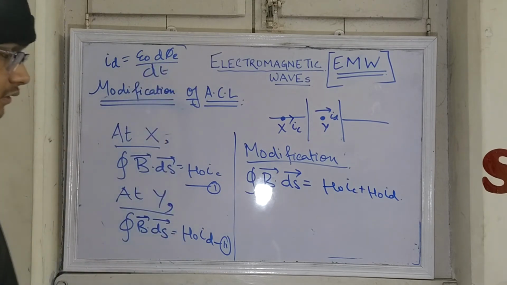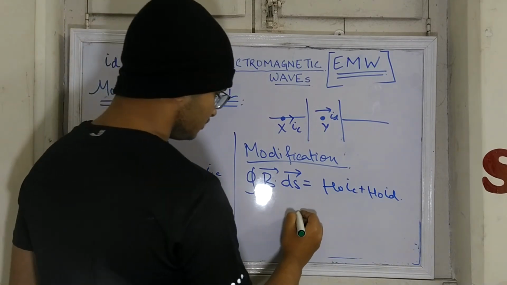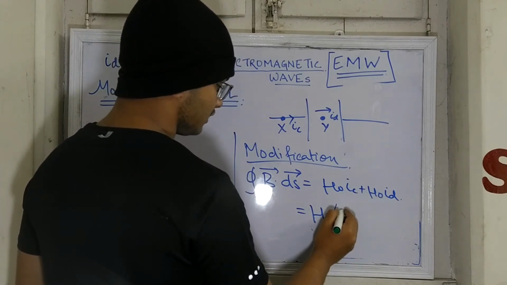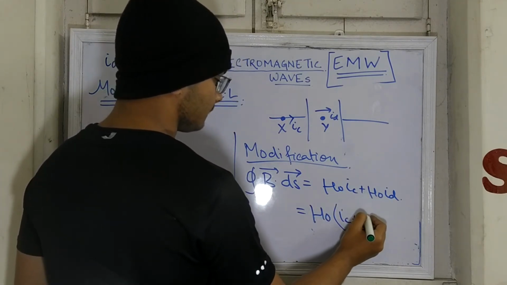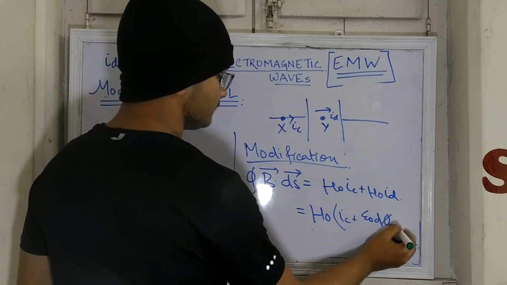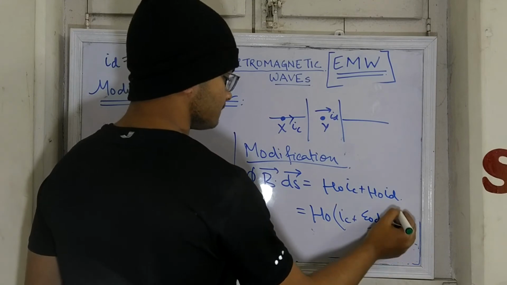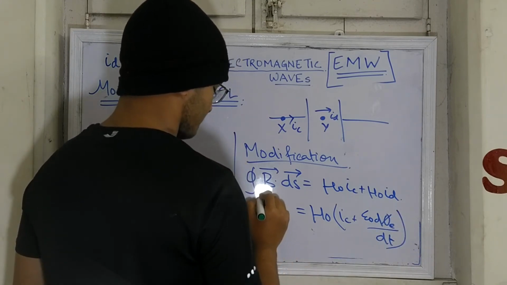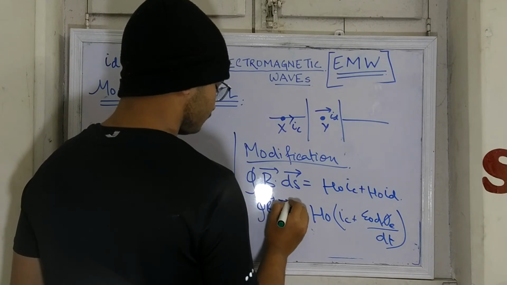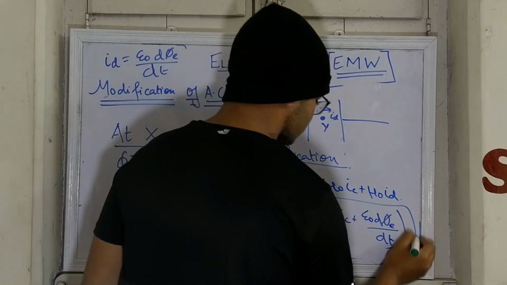Okay. Now let's make some changes to this. I take mu 0 common and write it as IC plus epsilon naught d phi E by dt. This is very important.